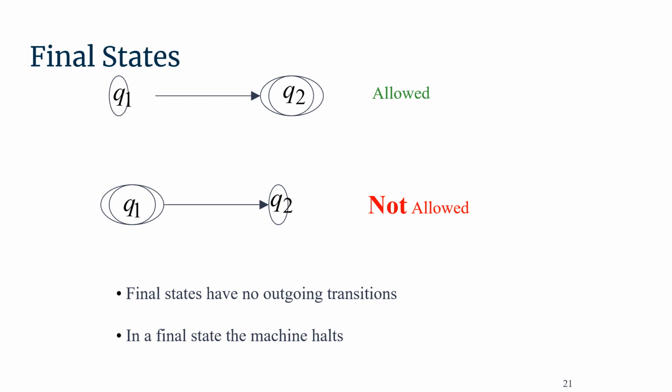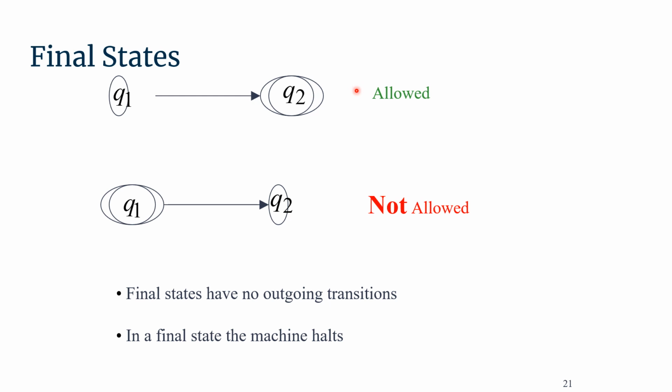In this example, we show how a machine halts. Whenever we reach a final state, let me show you, this is a final state. When we go through some transitions and reach the final state, we observe that there are no outgoing transitions from the final state.